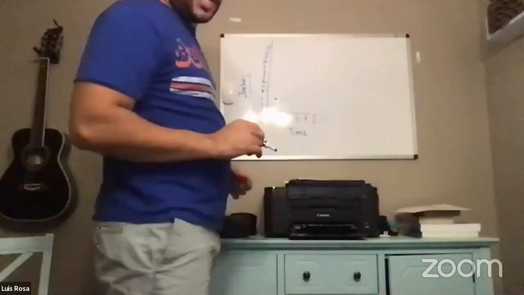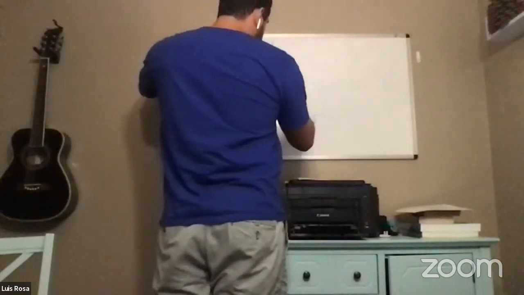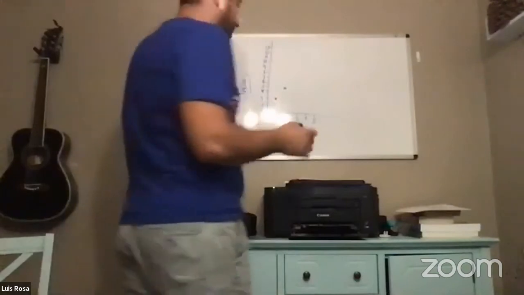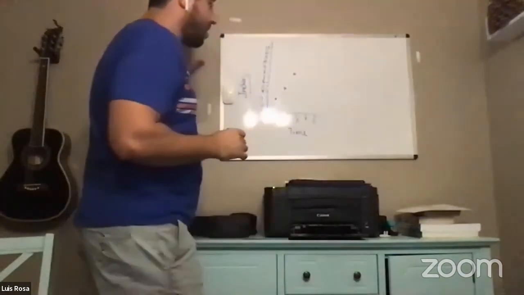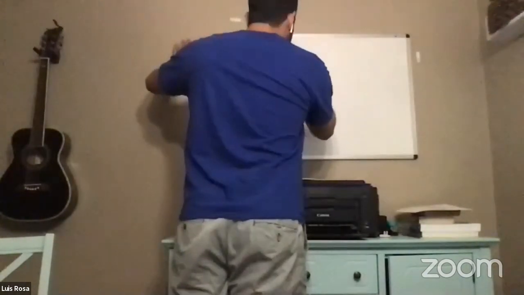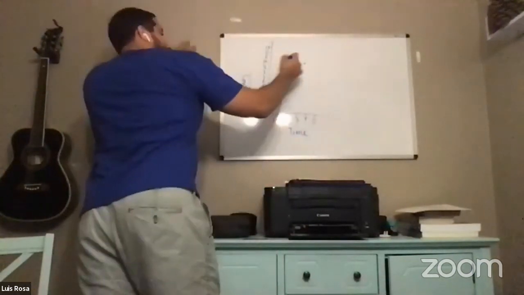Then I'm going to find the next one, which is second Saturday is 5 inches. So I'm going to go find 2, go up and put it right there on 5. Then I go to 3, which is 8 inches tall, and I line it up. 4 is 10 inches tall, so I'm going to go find 10. I'm going to try to make it as accurate as possible. And then, yeah, that's pretty good.